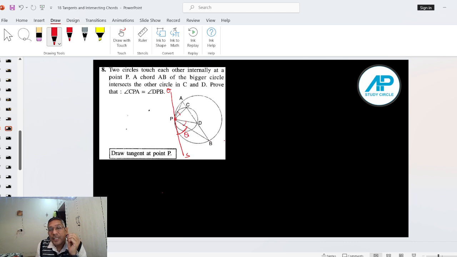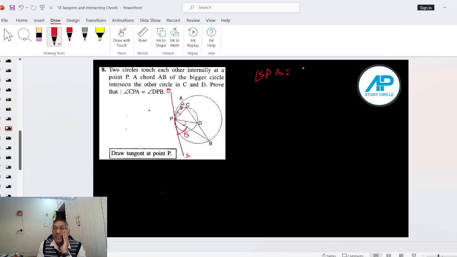This angle SPB is equal to the angle at the circumference. The bigger circle chord takes an angle on the bigger circle. So SPB is equal to PAB, alternate segment property.